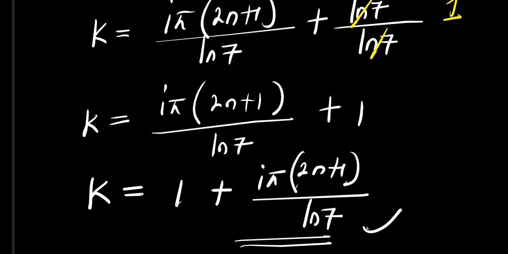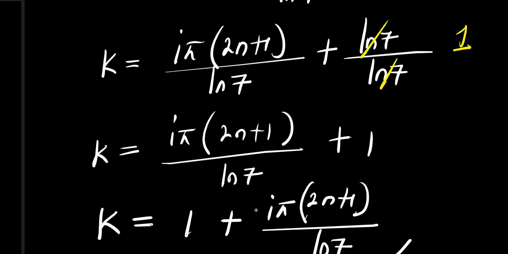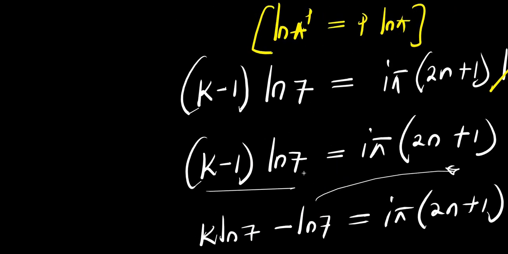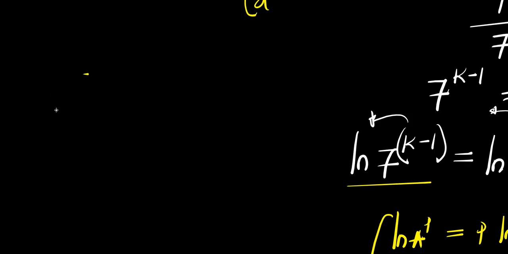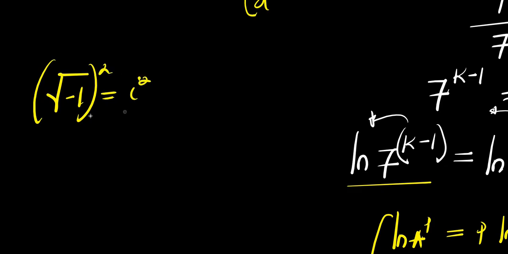Now that is our solution, but we can also consider this other identity. Remember that the square root of -1 equals i, and if you take the squares, this cancels this, so you have -1 equals i power 2.